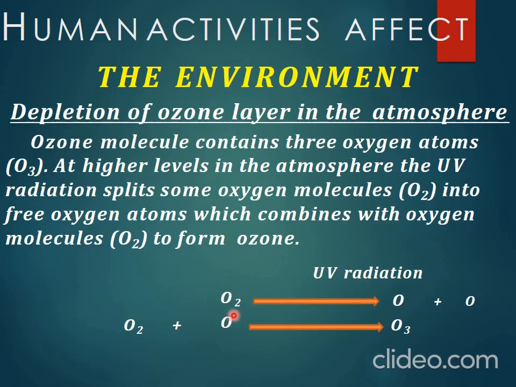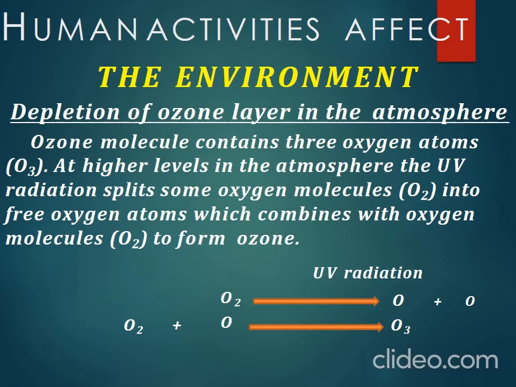So first of all, these O2 molecules, with the help of UV radiation, split to form O plus O. These O plus O are known as nascent oxygen, and these O2 plus O again combine and form O3. This formation and breaking of O3 keeps on going and maintains the layer.